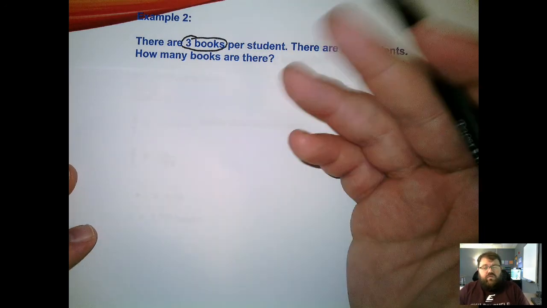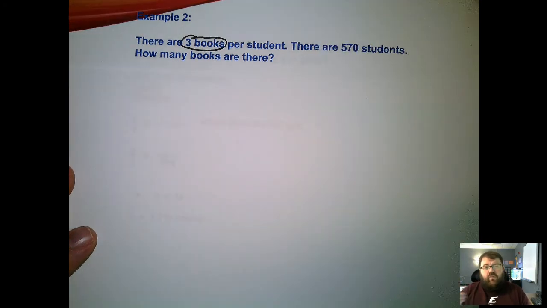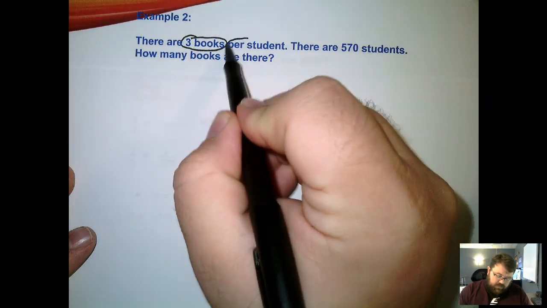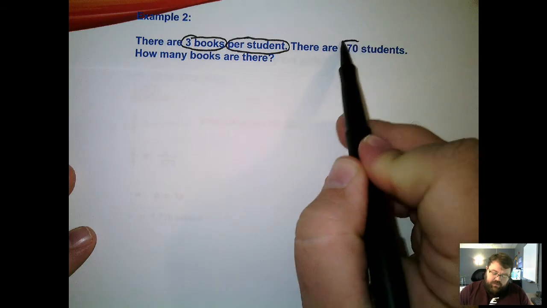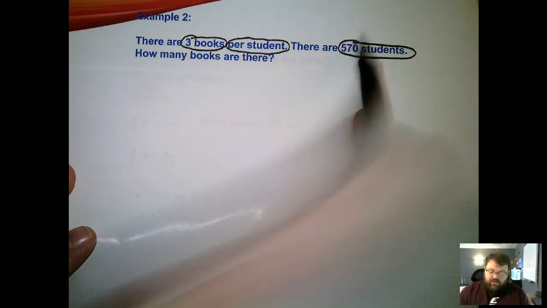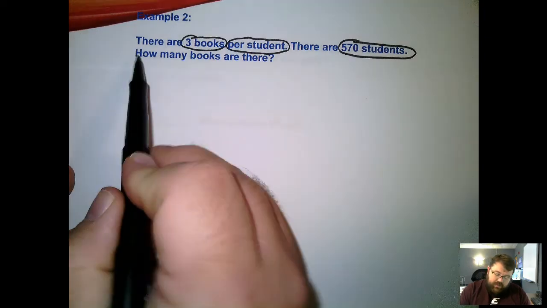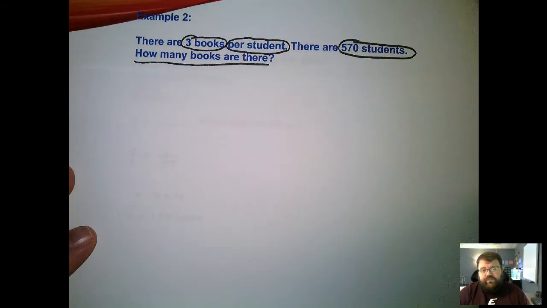Like the first week that we started these, we talked about per student, meaning 1 student. There are 570 students. So I've circled all of my numbers. That's the C part of CUBES. The U part of CUBES is to underline your question: How many books are there?